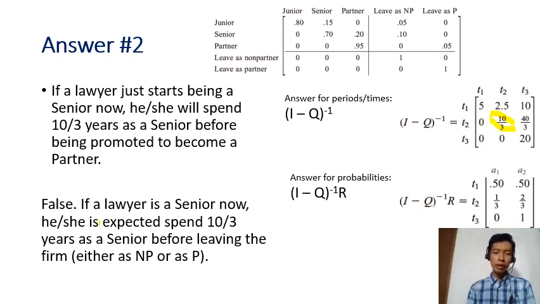And then the word expected is also important, which means that we cannot say for sure that this lawyer will spend exactly 10/3 years, but that is the average number of years of all the observations that we have made from all the lawyers that we have. So it is an expected number or an average, and it cannot be said that this specific lawyer will have exactly that number.